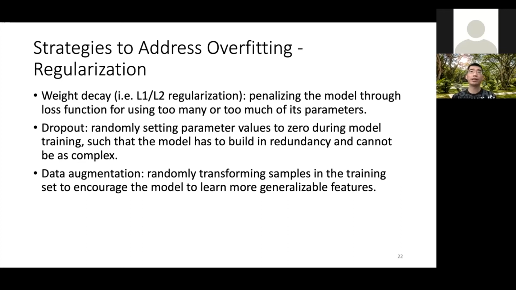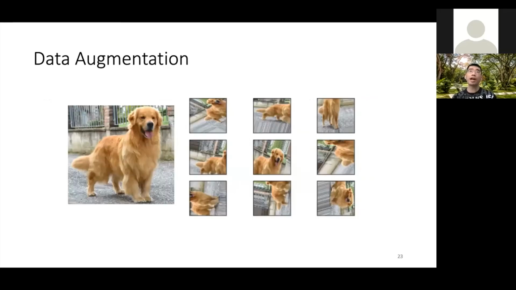Next, a third approach for regularization is data augmentation. Data augmentation means randomly transforming the samples in a training set in order to prevent the model from learning any features that are too specific. Some common augmentations for images include rotating the image, randomly cropping it, resizing the image, adjusting color and brightness, or flipping an image horizontally or vertically.